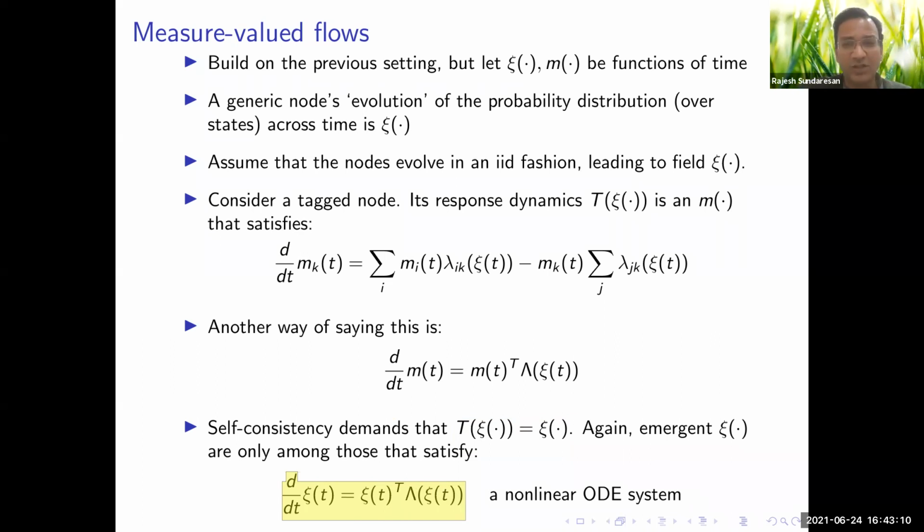This equation is called the McKean-Vlasov equation, and we try to solve this. So the fixed point at this level, measure valued flows, is a xi that satisfies T of xi equal to xi, where T of xi is a solution to this Kolmogorov forward equation for a mean field that essentially is given by the xi. Okay, so that's this particular fixed point.